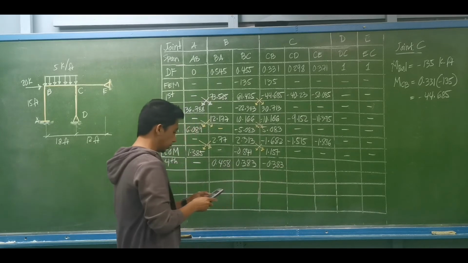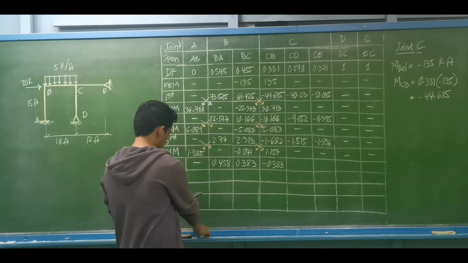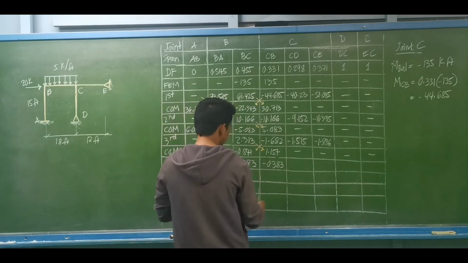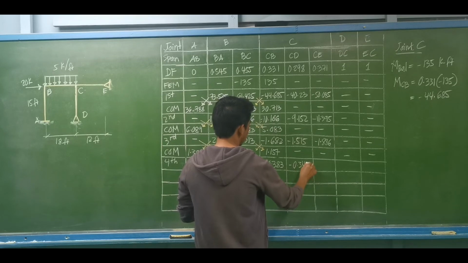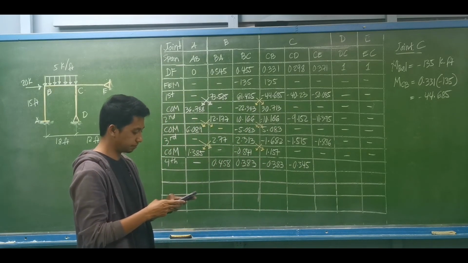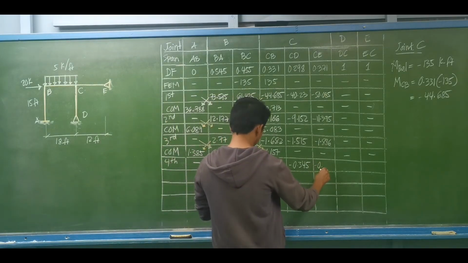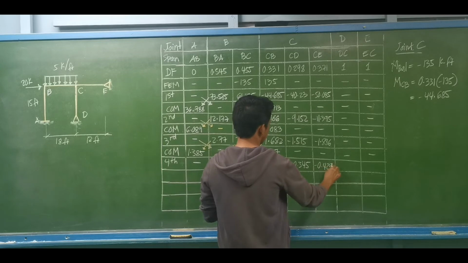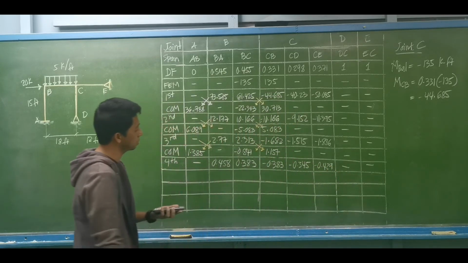Okay, multiplied by 0.298, we have negative 0.345, and lastly we have 0.371, which is negative 0.429. Then again, 1 times 0, 1 times 0.